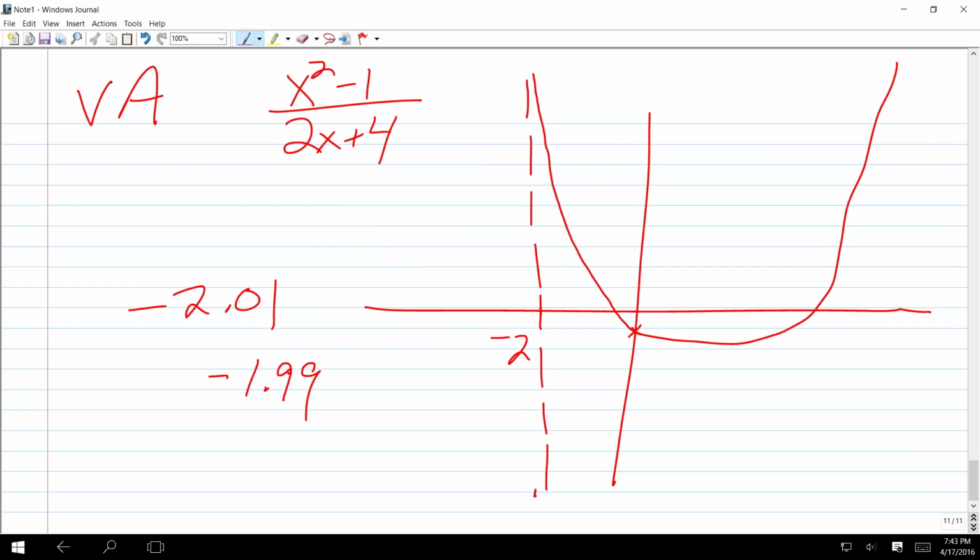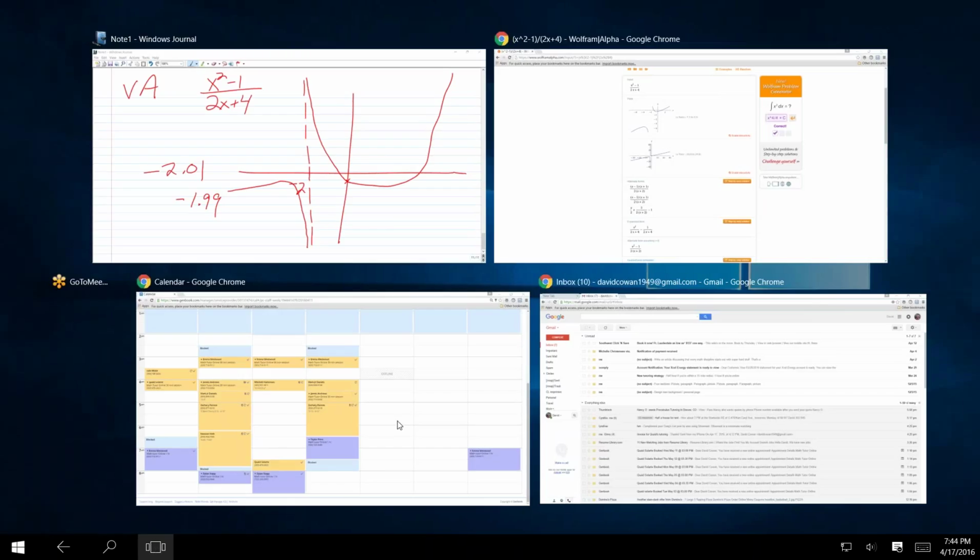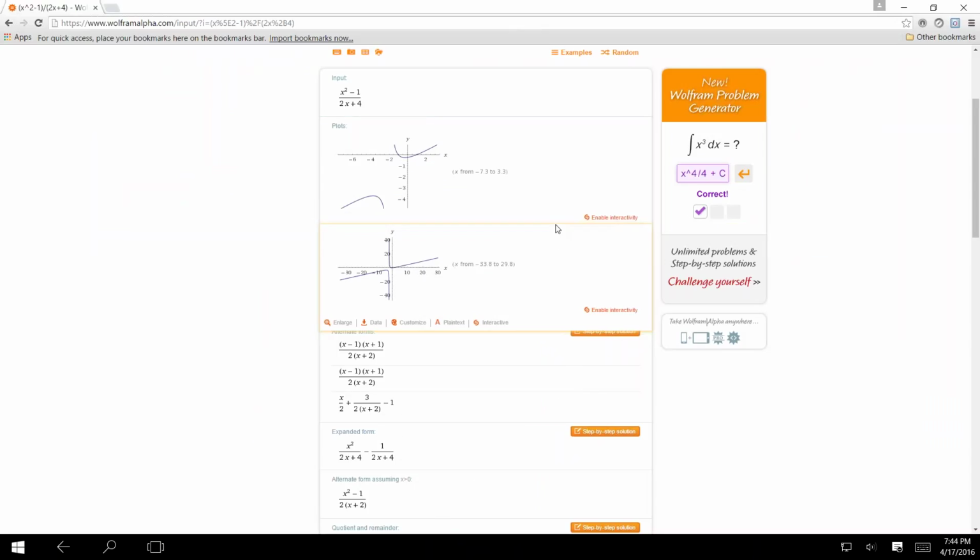It still comes up from negative infinity, but then it does something like that. The key thing is that their question regarded what happens at the vertical asymptotes, not so much what's happening as x goes to infinity or negative infinity.